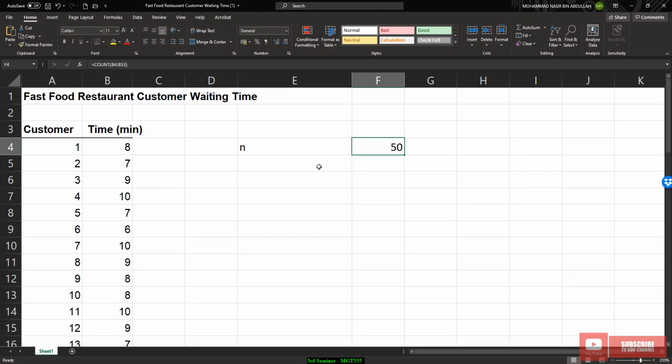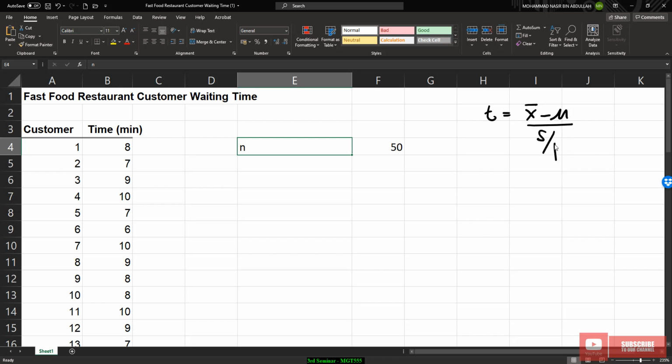So we go to our Excel file. Based on the formula, we already have the value of n. We need to calculate the value of n.